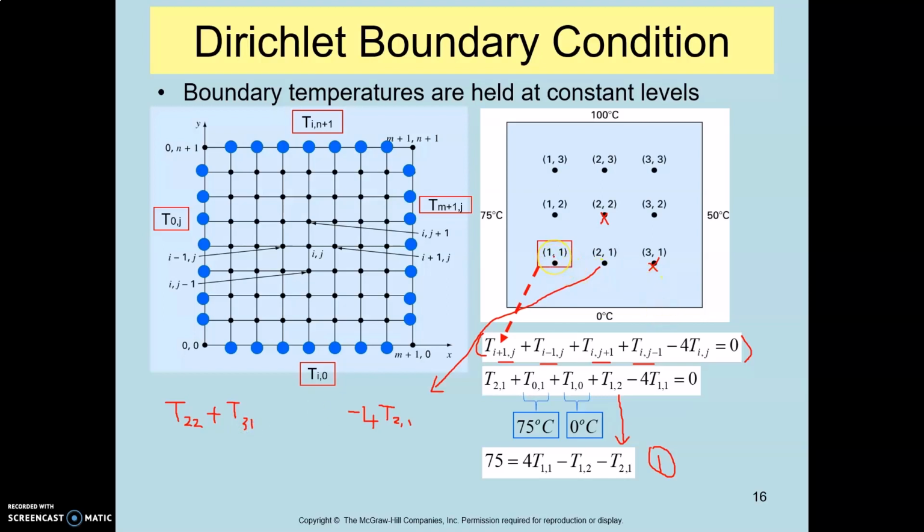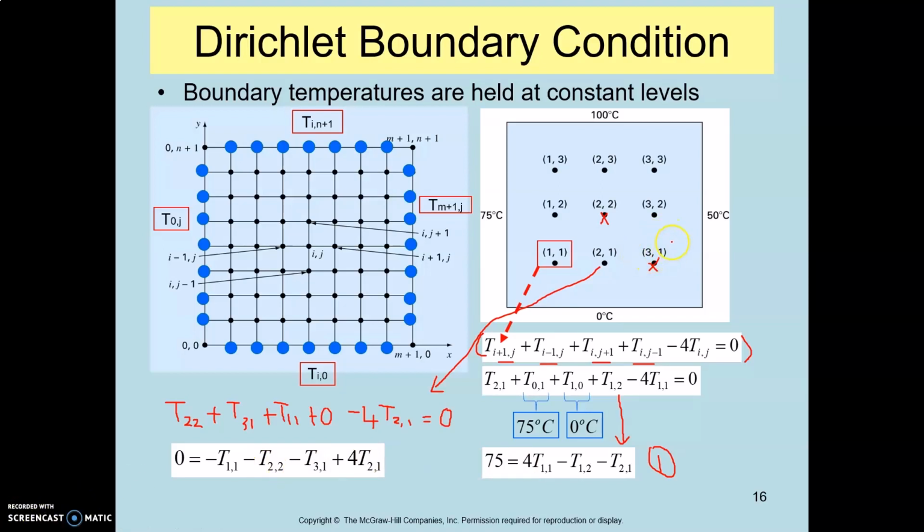So T11, okay, we have computed earlier, but we assume it to be unknown as well at the moment. Lastly, 0 degrees Celsius, this one we know, which is 0. So this should be equal to 0. And eventually, if we rearrange the equation, you should obtain the second equation like this.